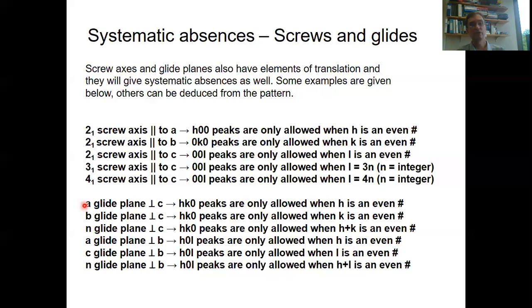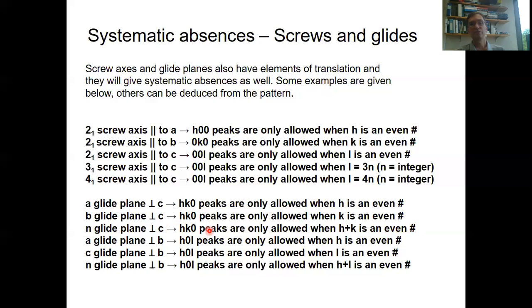For instance, if it's an A glide, the only condition is that H is an even number. K can be anything, so you would observe any K: 1, 2, 3, 4, 5, 6, 7, and so on. But for the N glide, H plus K must be an even number.